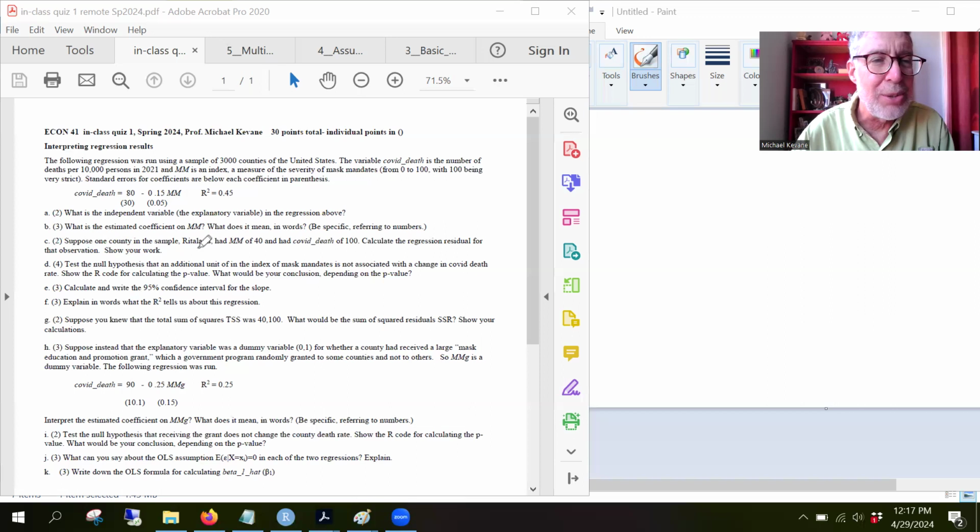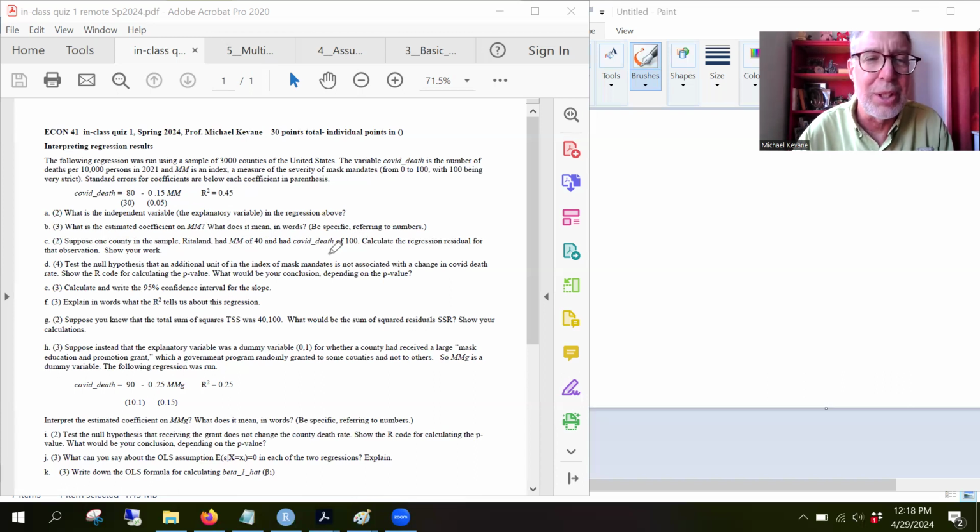Many of you calculated correctly. If Rita has an MM of 40, mask mandates of 40, then 40 times negative 0.15 is negative 6. 80 minus 6 is 74. If her actual number of deaths is 100, then 100 minus 74 is 26.